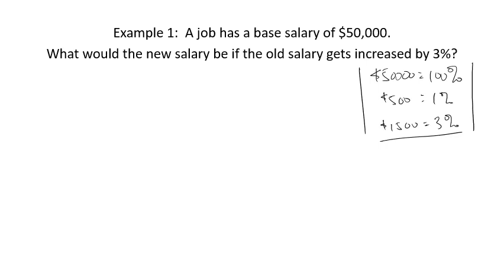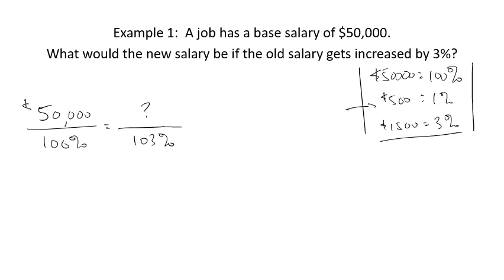Approaching this as a proportion, though, we would set this up as 50,000 is to 100% as some new amount is to 103%. So we can certainly do it this way. Now, this step we can still do. We can divide this by 100 and get 500 is to 1%.